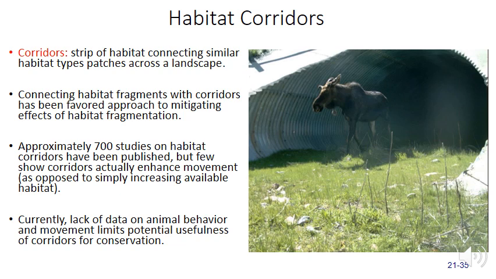And a lot of that is because in the past, the construction of these corridors hasn't really taken into consideration any knowledge of the animal behavior itself, or any natural history knowledge of the animals that we're trying to help. An example of that comes from this moose that you can see on the right hand side, who's just going through an underpass that was built underneath the Trans-Canada Highway.